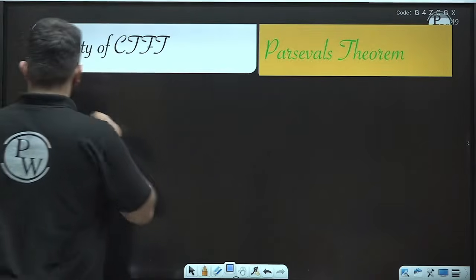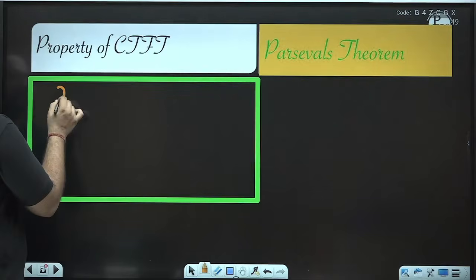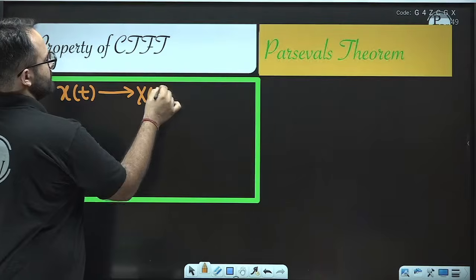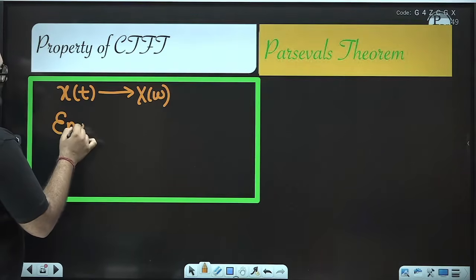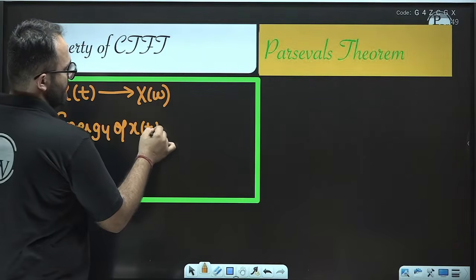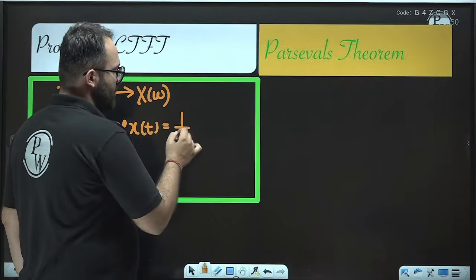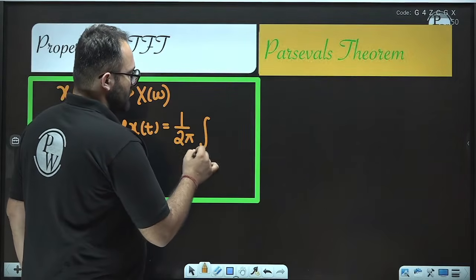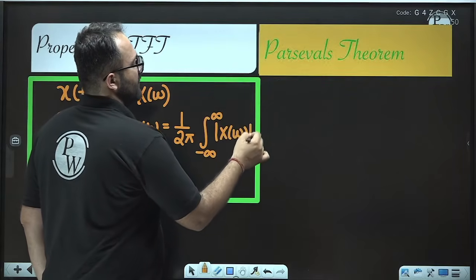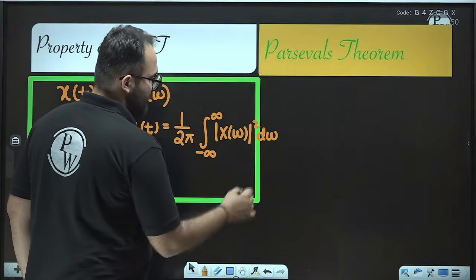The Parseval's theorem says that if x of t has Fourier transform X of omega, then the energy of x of t is equal to 1 upon 2 pi integral from minus infinity to infinity of magnitude of X of omega whole square d omega. Okay, this Parseval's theorem is also very important.